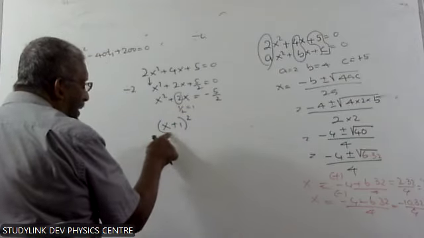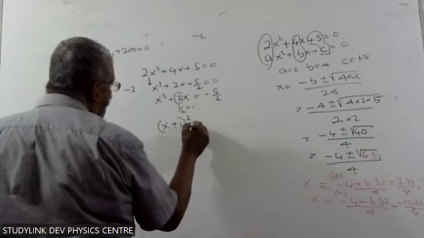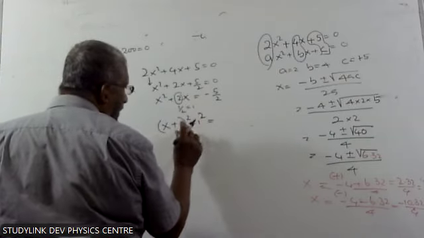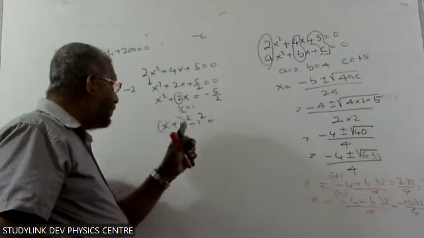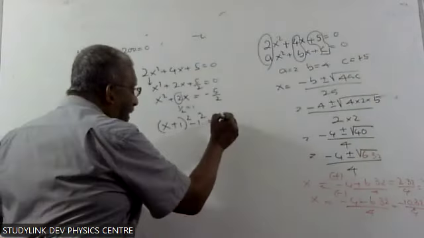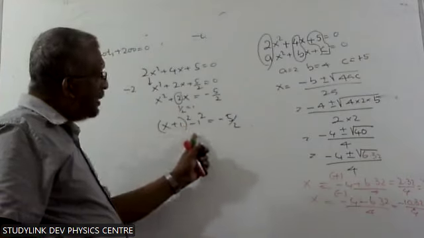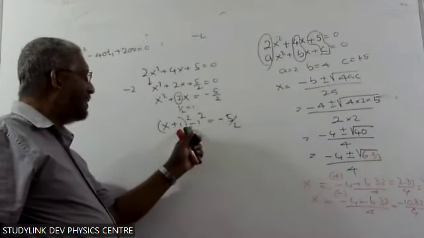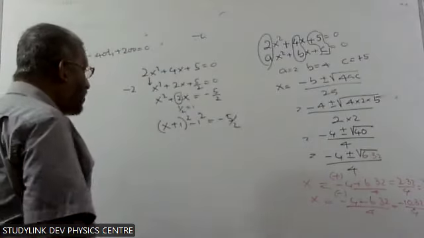Then you get x squared, 2 times the product, 2x. Additionally you get 1 squared, minus 1 squared, because additionally 1 squared is coming within the brackets. So it was not there. Therefore I deducted that value. Minus 5 by 2. For O level, sometimes they say add to the other side. Same thing. Deduct from this side means this is taken to the other side plus 1 squared.